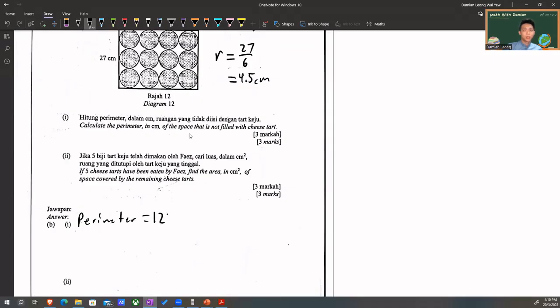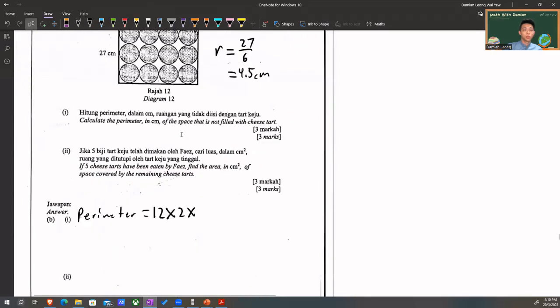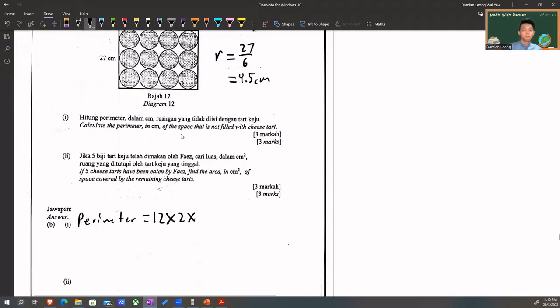Twelve cheese tarts times 2 pi r. Pi, let's just use 22/7, times radius 4.5. But that's not all, because it also includes the perimeter of the inside of the box.